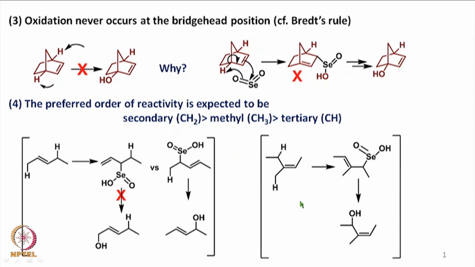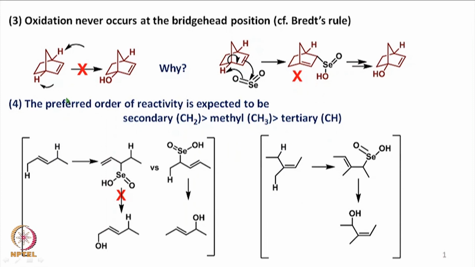In a similar fashion, if we take another example in which we have now three possibilities, there are two methyl allyl hydrogens and one secondary allyl hydrogen. According to the first rule, the more substituted side of the double bond is preferentially oxidized than the less substituted side. Now, these are the two more substituted sides of the double bond, and between the two of them, this is secondary CH2, which is allylic, and this is the methyl allylic hydrogen.